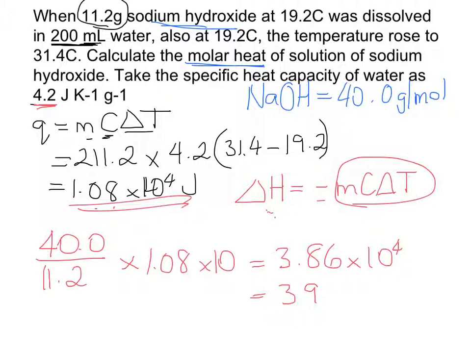So it's going to give us 39, and remember I've moved the decimal point, so it's now kilojoules per mole. Now don't forget about this negative symbol. We've calculated the mcΔT already, and we've now calculated the molar amount of it. Put a negative in front of it, and that's going to give you the molar heat of solution of 1 mole of the sodium hydroxide.